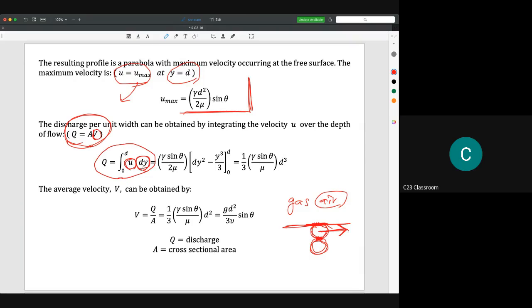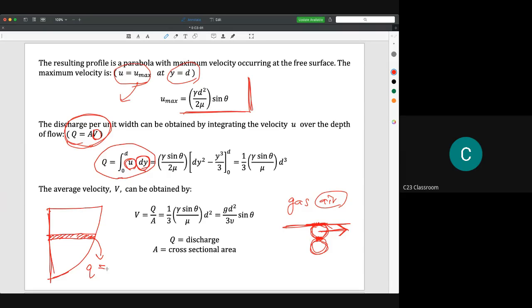Why? Because we assume that we have the velocity distribution like this one. Okay, so we take a very small area. Now we calculate the flow rate for this small area. We assume that the flow rate for that small area is small q.